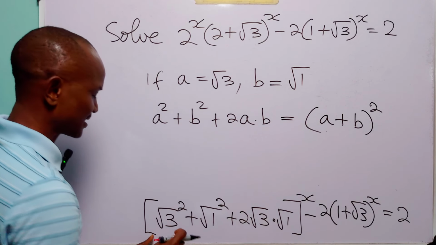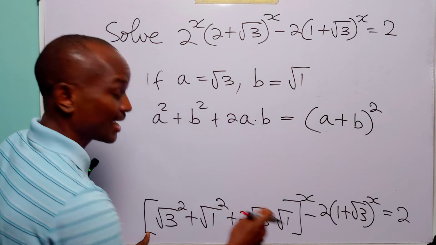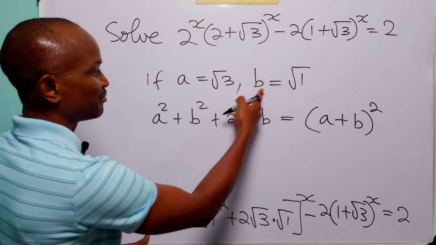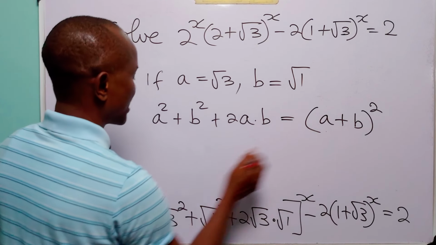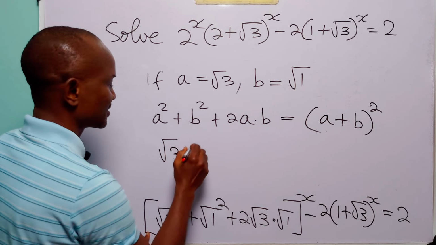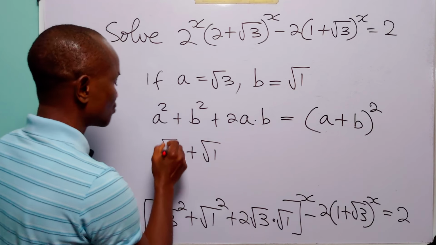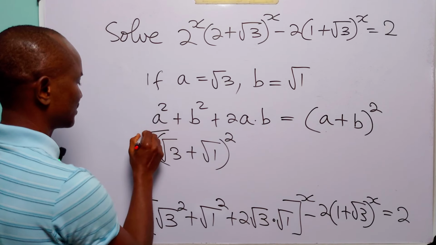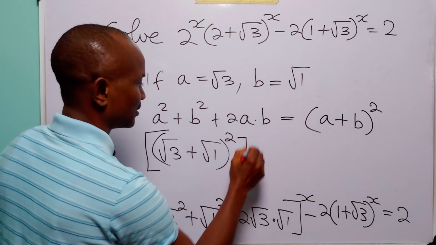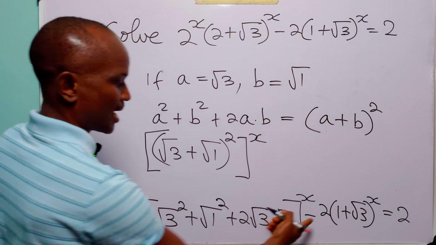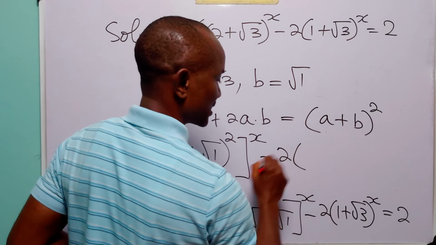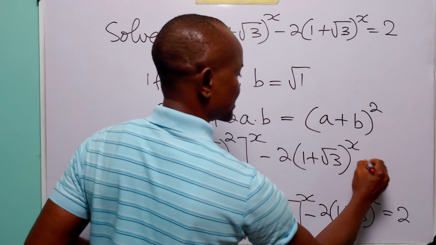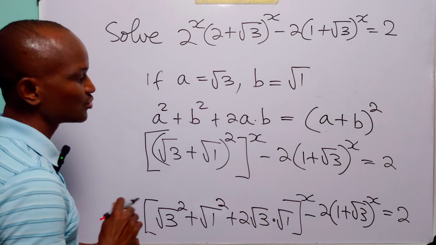So that simply means that the contents of this bracket can be written as, remember, a is equal to root 3 and b is equal to root 1, so here we have root 3 plus root 1 squared. And of course, we still have this to the power x. And then we have minus 2 times 1 plus root 3 to the power x, and this is equal to 2.